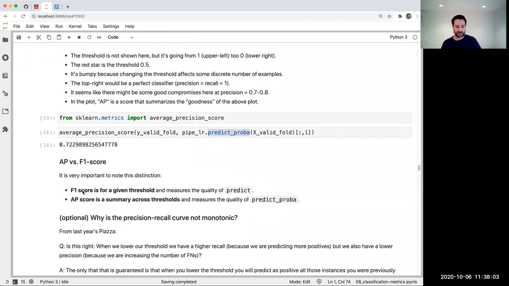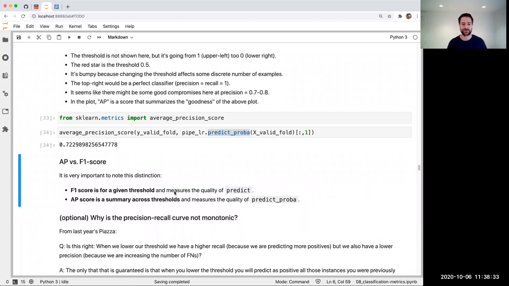Oh, and this is actually relevant to the discussion we just had. So, this AP versus this F1 score. It's very important that when you're thinking about a metric, you are thinking: is this metric assessing the goodness of predict, or is this metric assessing the goodness of predict proba? And so far in this course, we've only talked about accuracy, and accuracy is in this first category. Accuracy just looks at predict and says, is this one right? Is this one right? Is this one right?